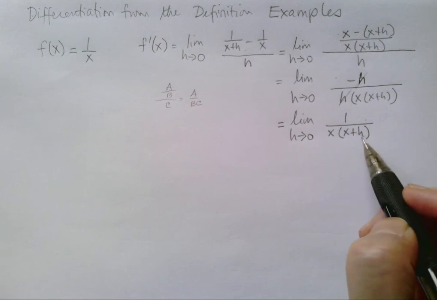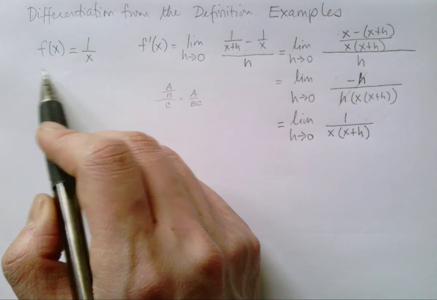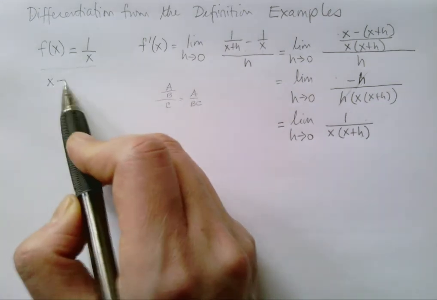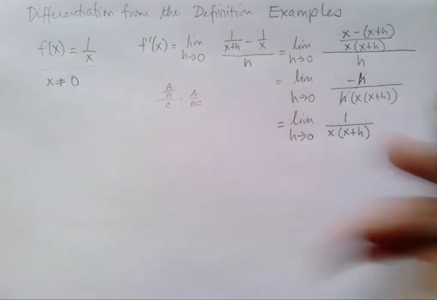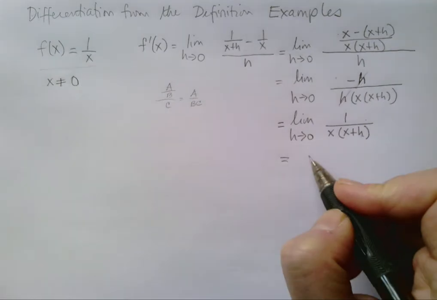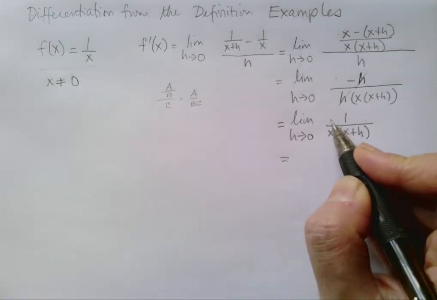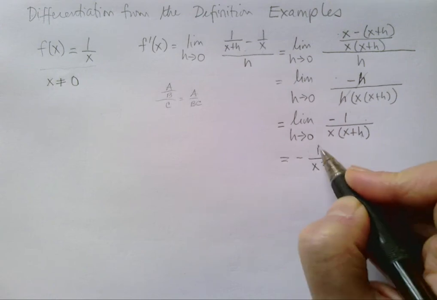Now we can just substitute for h. Again, x is not equal to 0 because f is not defined when x equals 0. So we can plug in 0 for h and we get negative 1 over x squared.